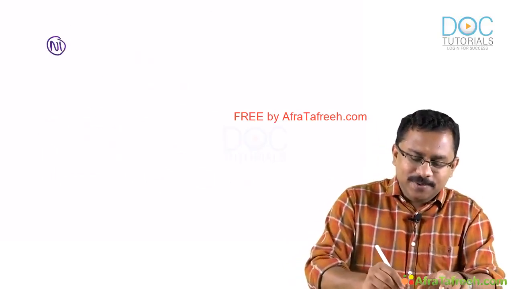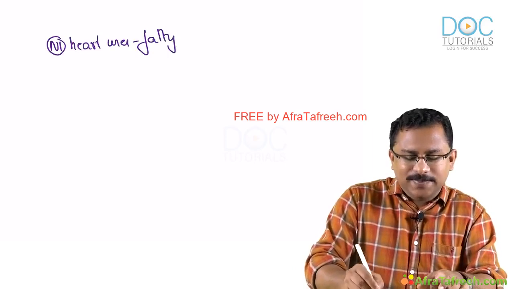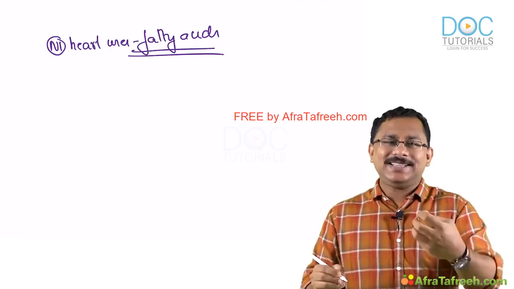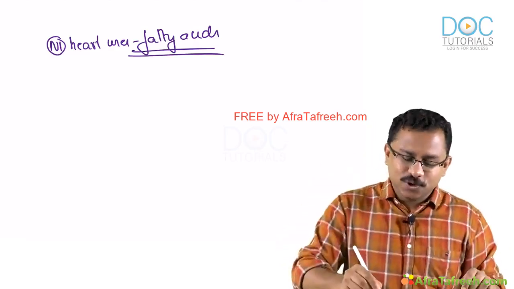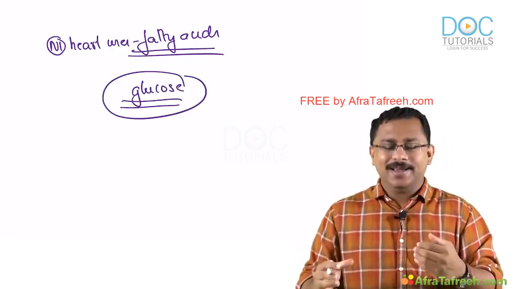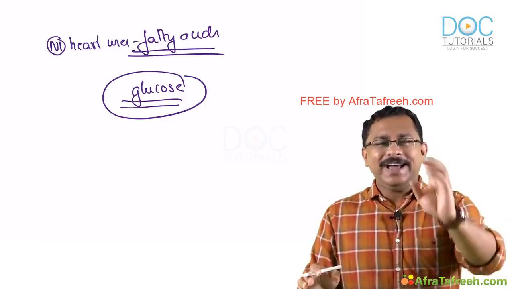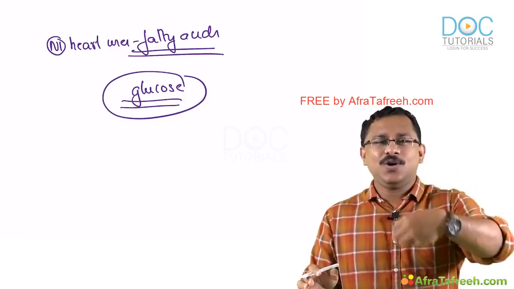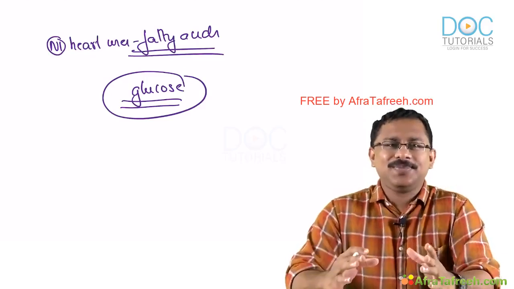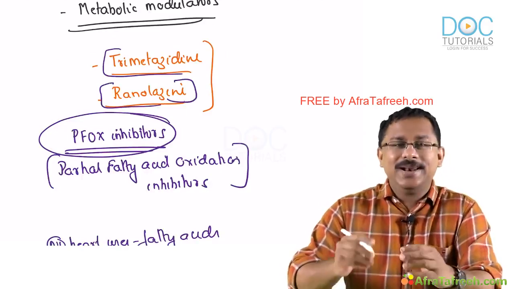These metabolic modulators convert the utilization from predominantly fatty acid to predominantly glucose, and glucose is always a more efficient fuel compared to fatty acids. This metabolic modulation from being fatty acid dependent to a glucose dependent state improves the efficacy of the heart. That is how agents like trimetazidine as well as ranolazine act.